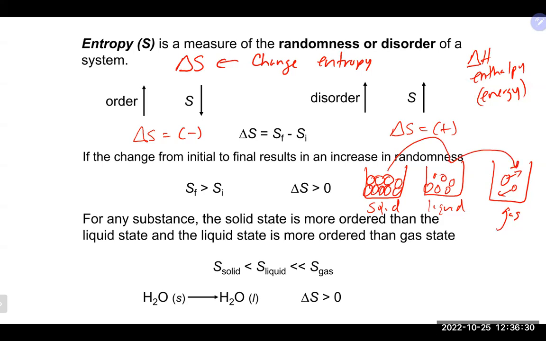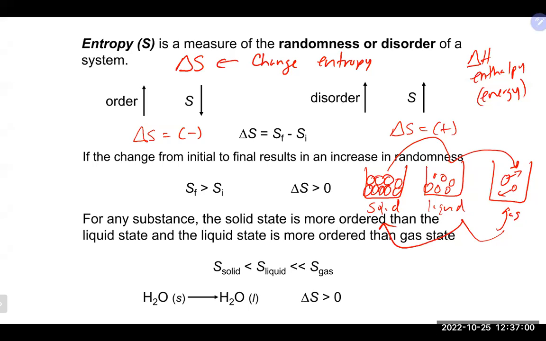Things are moving around more, definitely when we get into the gas. And we would expect the delta S value to become more positive in that case. The opposite is true as we go from gas to liquid to solid. We're creating more order. We're decreasing the disorder, and the delta S value would become more negative in that case. Any questions on that there?